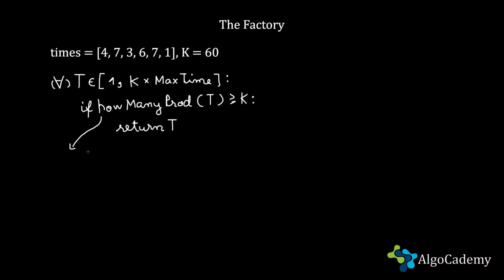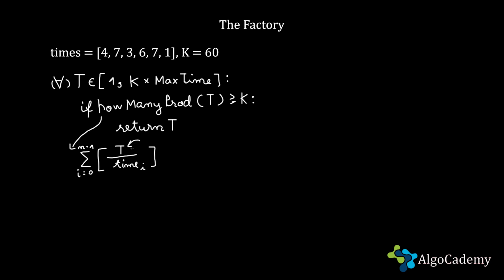So this is actually going to be the sum of every integer part of t divided by time i, where i, of course, ranges from 0 all the way to the last worker n minus 1, right? So in order to compute this sum for each different t, we obviously need to make a for loop, which iterates through every worker and adds this value to our sum.